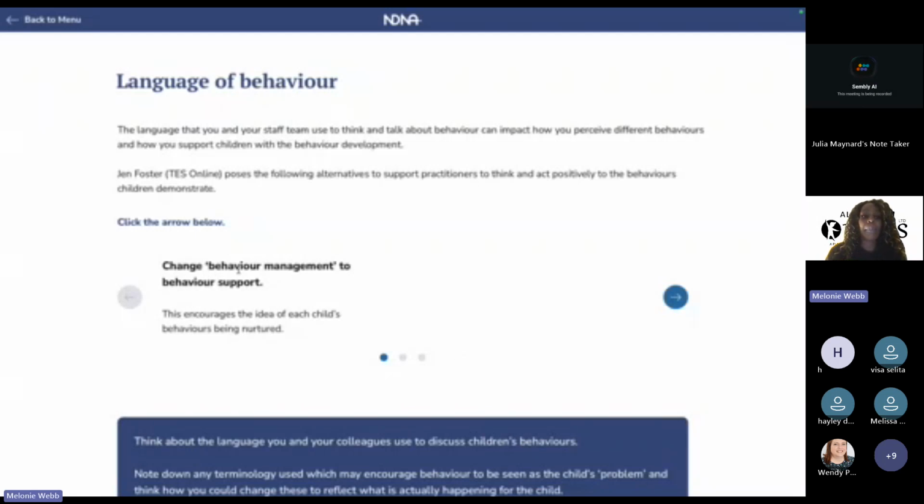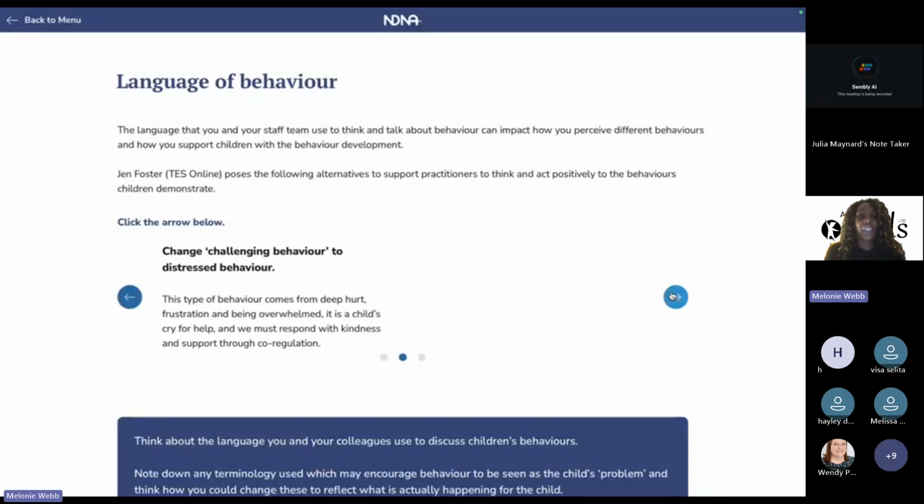So instead of saying behaviour management, we would say behaviour support, because it gives the idea that we're nurturing that child's behaviour by scaffolding their learning in order to support them to see the desired behaviour. Whereas if you say behaviour management, it's more of a dictatorship and it's less about the child and more about the adult.